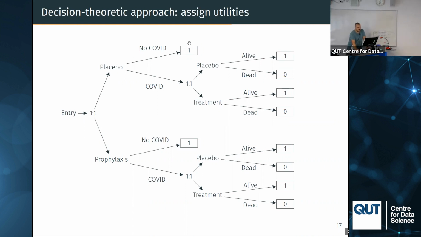Basically any good outcome is assigned a 1, any bad outcome is assigned a 0. So if you exit the trial with no COVID, that has a utility of 1. If you exit the trial alive in any way, that has a utility of 1. And if you die on the trial, 0 utility.